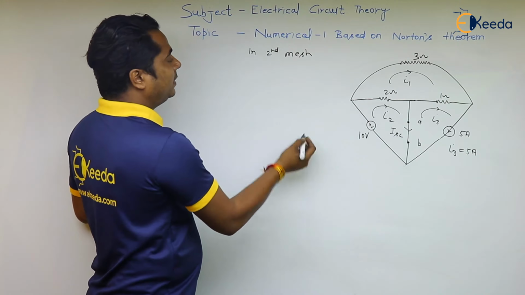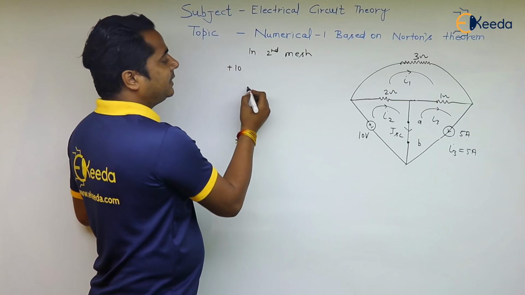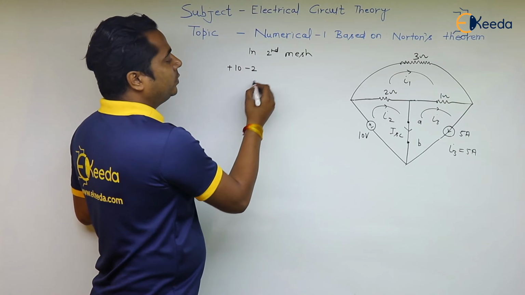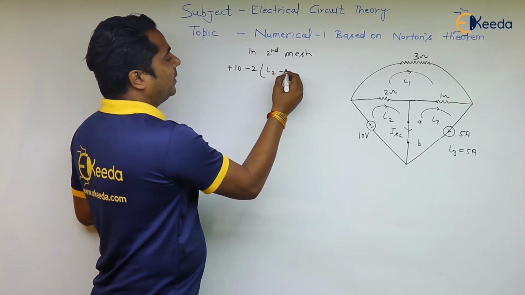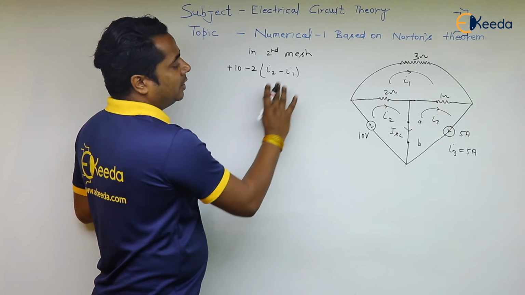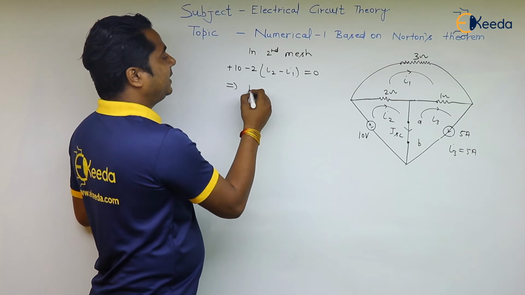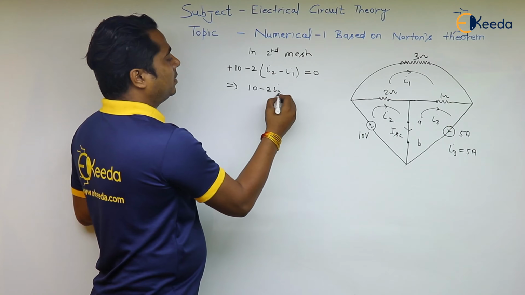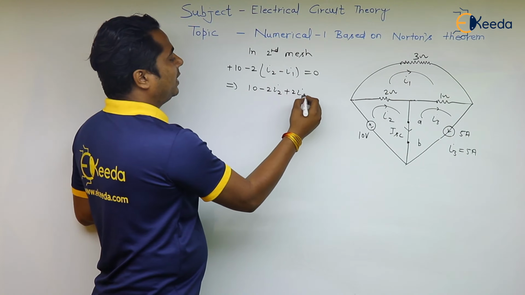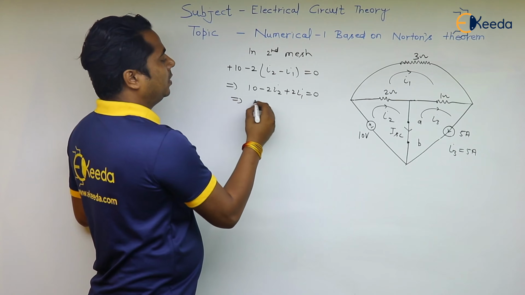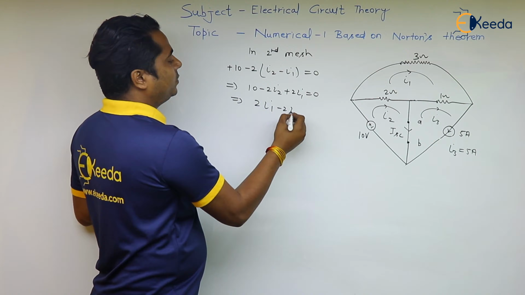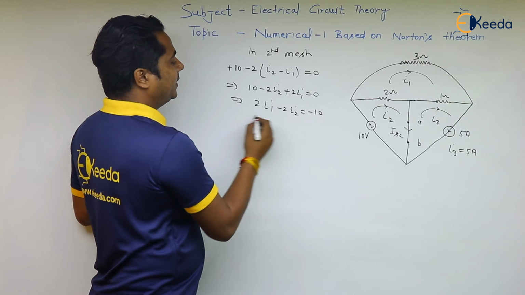Minus 2 plus 10 plus 10 minus 2(I2 minus I1) is equal to 0. From here we can say that 10 minus 2I2 plus 2I1 is equal to 0, so 2I1 minus 2I2 is equal to minus 10.